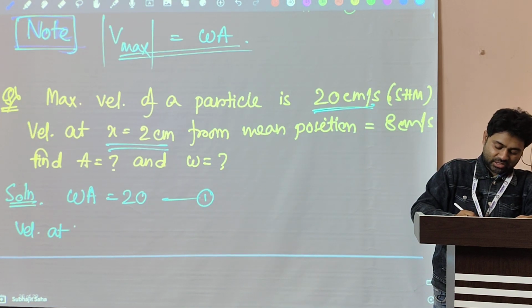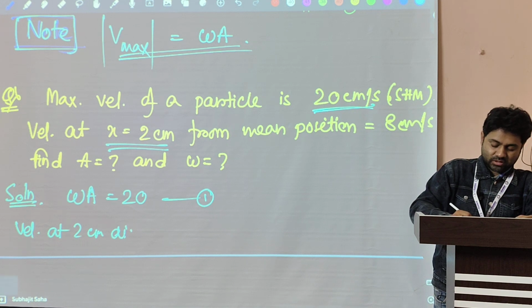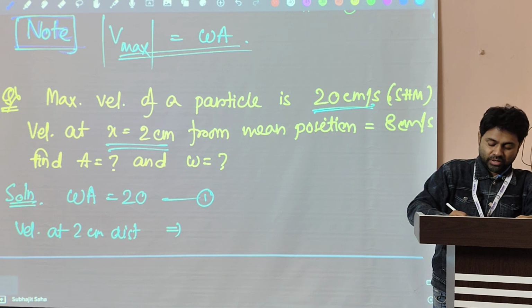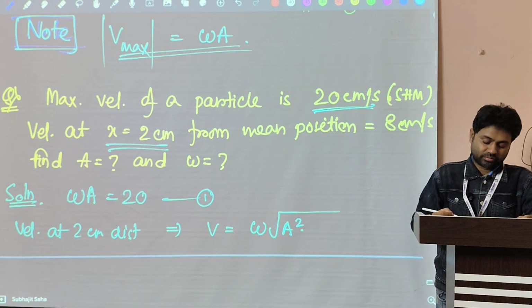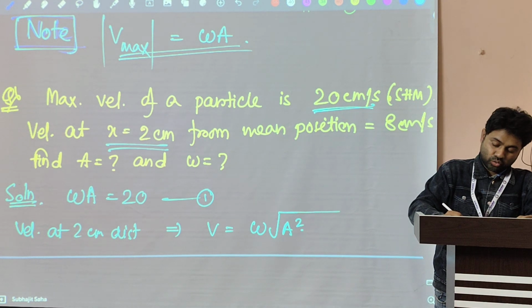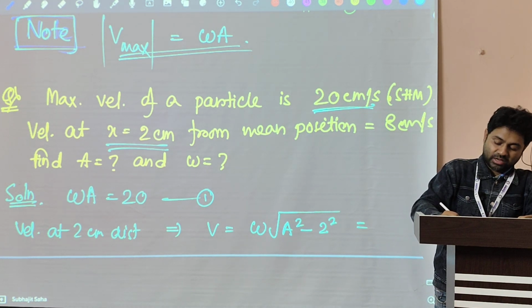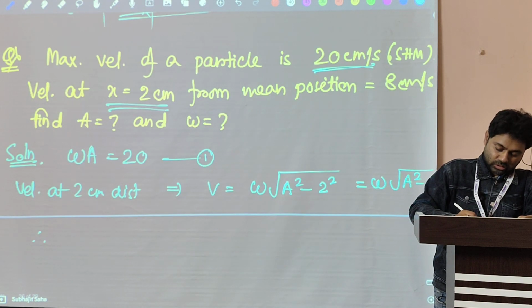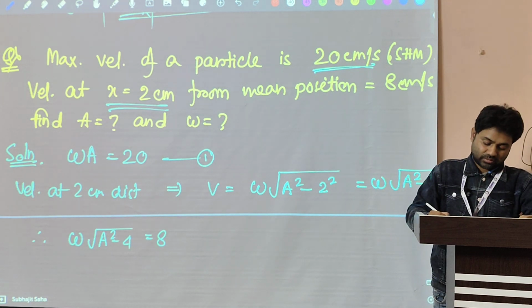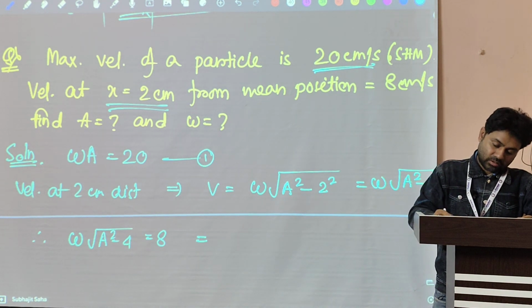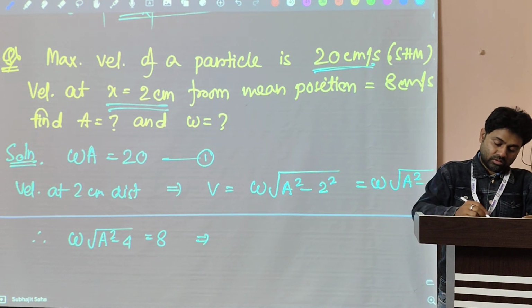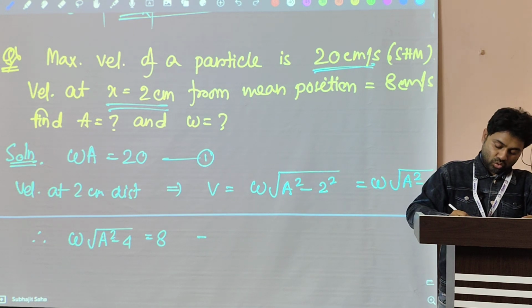Velocity at 2 centimeter displacement is v equals omega root a square minus x square, that is omega root a square minus 4. This velocity is given as 8. So that is equation number 2.